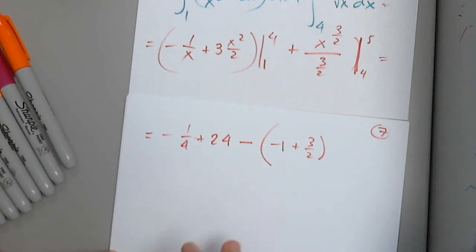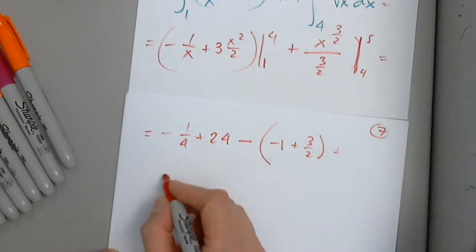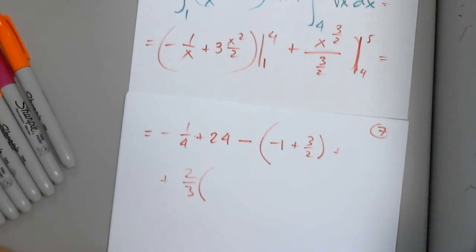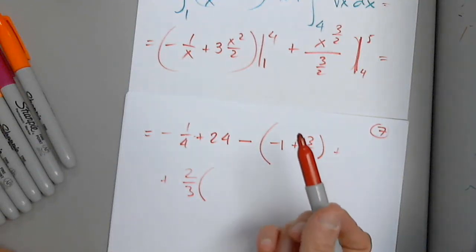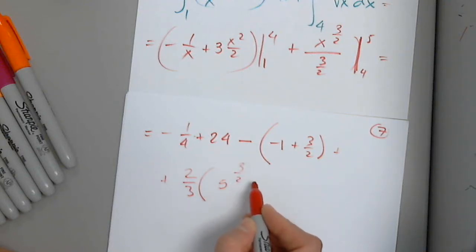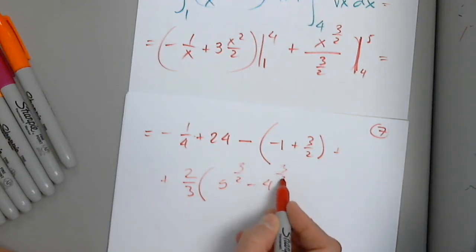And then I'll come back to it later. And then this is positive 2/3. Leave the constant outside and just write 5 to 3/2 and minus 4 to 3/2.